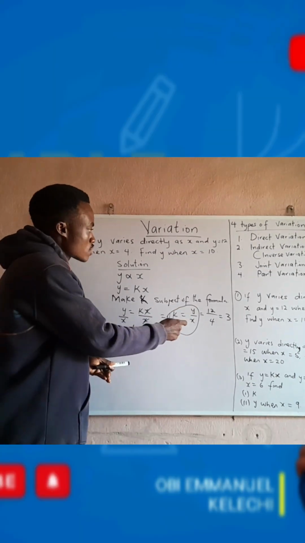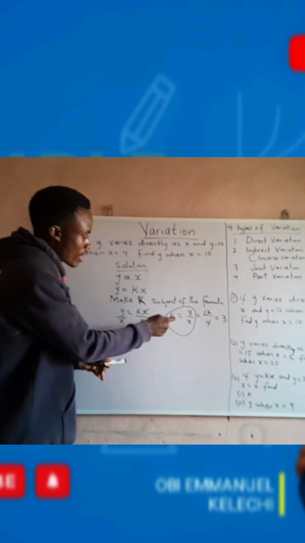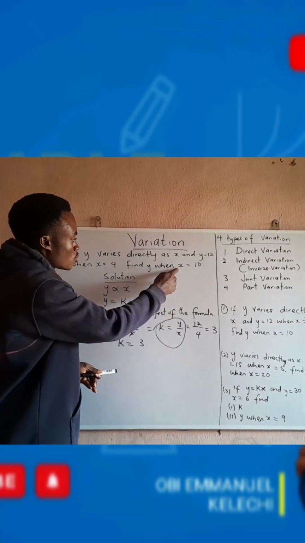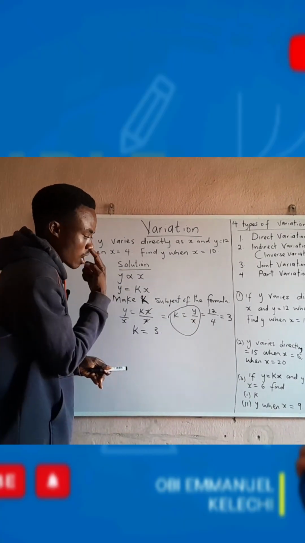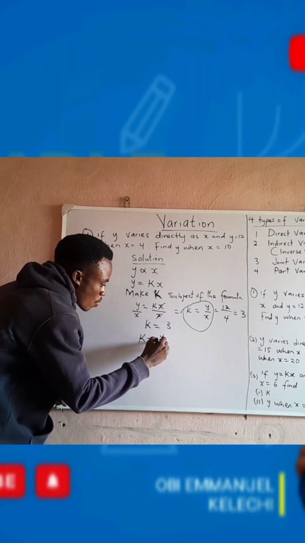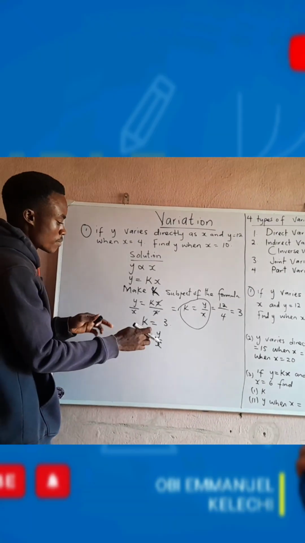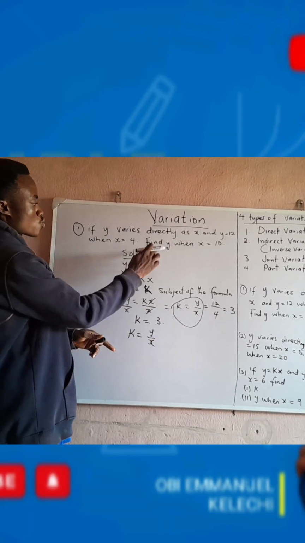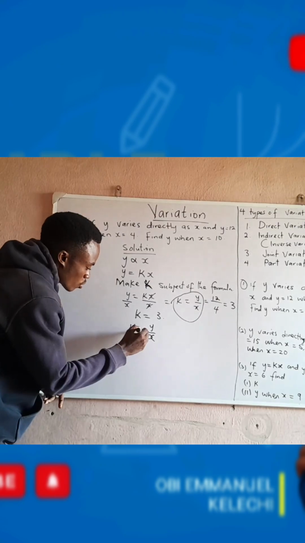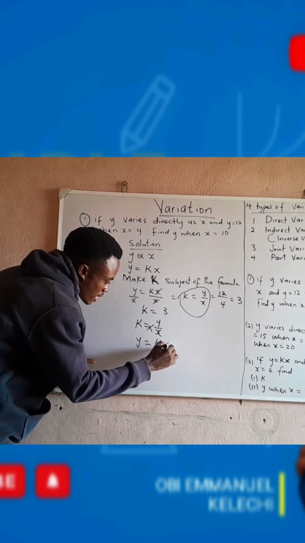We'll still be using this formula to find y when x is 10, because we've gotten our k, we've gotten our x from the question, but we don't know what our y is. So we're going to still write k is equal to y over x, since it's the connecting formula. Now I'm going to make y the subject of the formula because we are finding y. So I'll cross multiply. y is equal to kx.